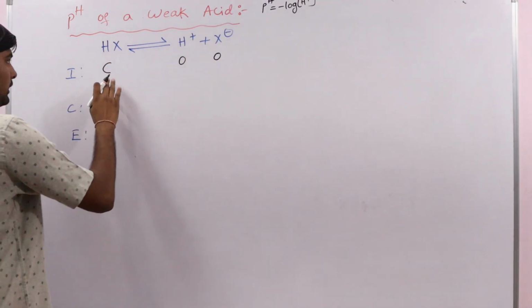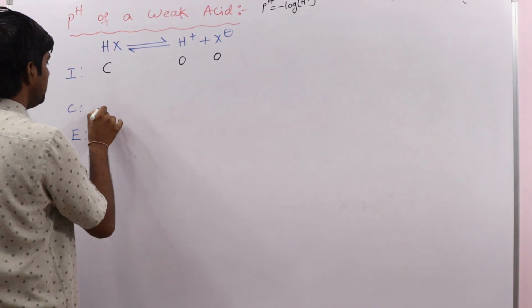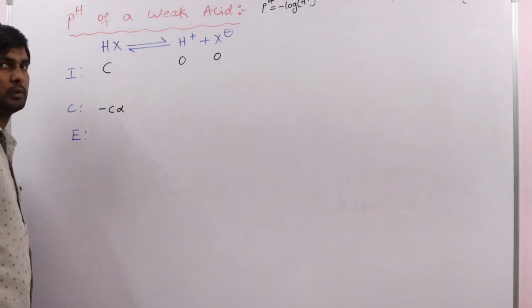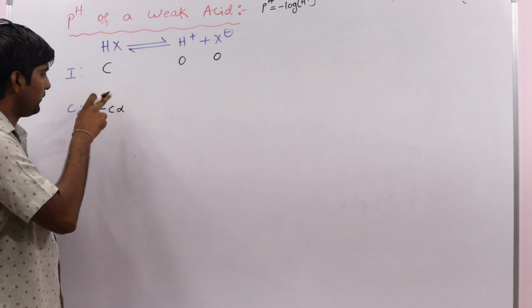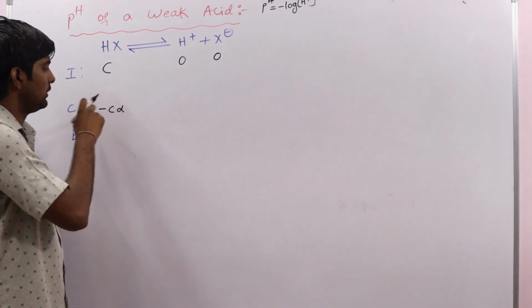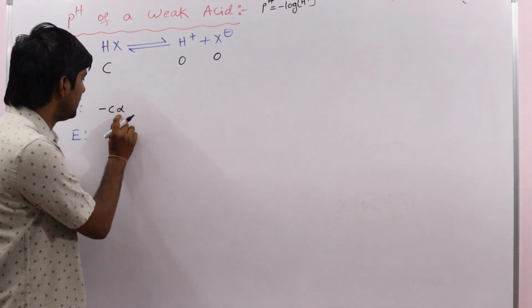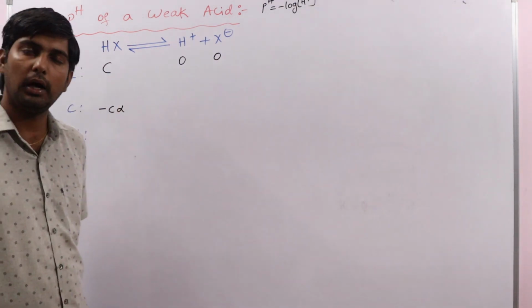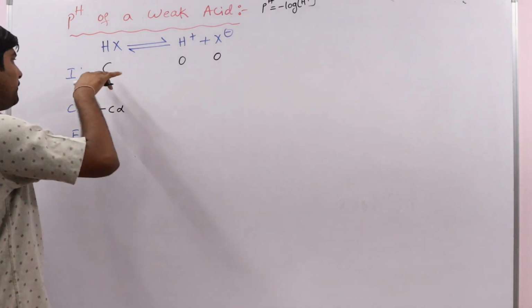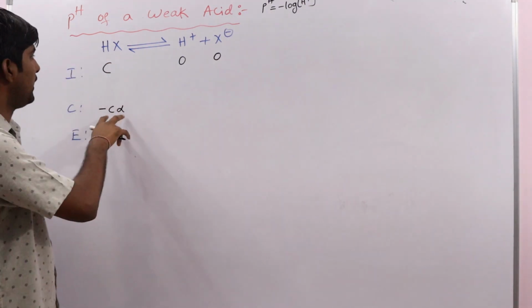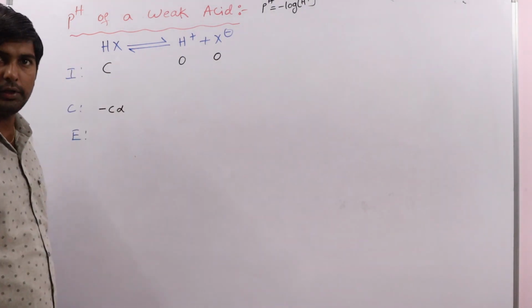Now the change is C alpha. Out of C molar, alpha is the degree of dissociation. Yes or no? What is alpha? Degree of ionization or degree of dissociation. Out of C molar, C alpha molar is undergoing dissociation.